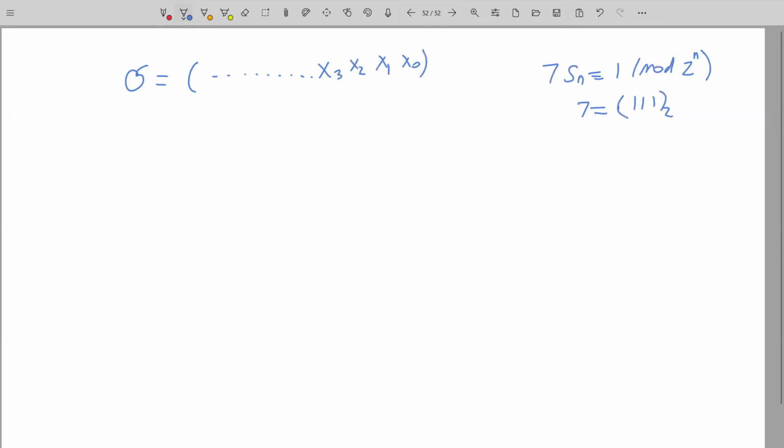An easier way would be to write it as 8 minus 1 and observe that 8 is 1000 in binary. Multiplying by 8 is much easier because you just add 3 zeros to the right. It's the same as multiplying by powers of 10 in decimal notation.